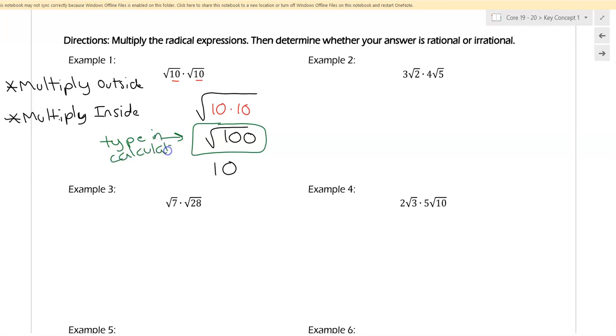The biggest mistake I see is students putting square root of 10. I already did that square root operation. If I wrote 5 plus 3, I wouldn't put 8 and then still have a plus sign. I no longer have a square root. I did the operation.